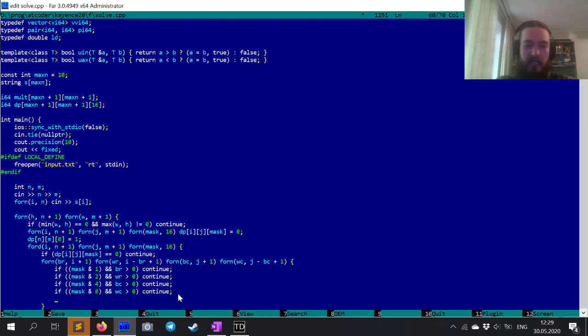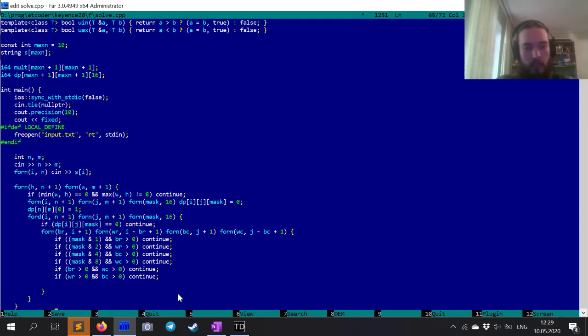Next, we cannot erase black rows and white columns simultaneously. The same goes for white rows and black columns. All right. So that corresponds to all valid cases.